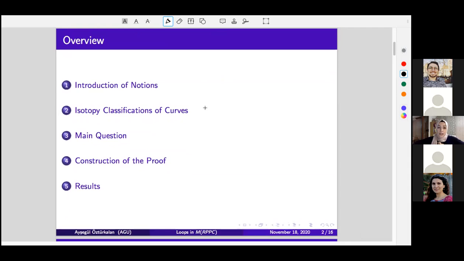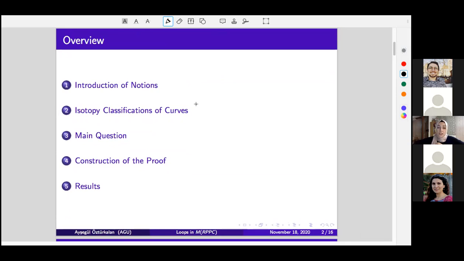At first, I will tell about curves from the algebraic geometry perspective, and then in terms of the topological perspective and isotopy classification of curves, which has been done for most of the degree 6 curves.